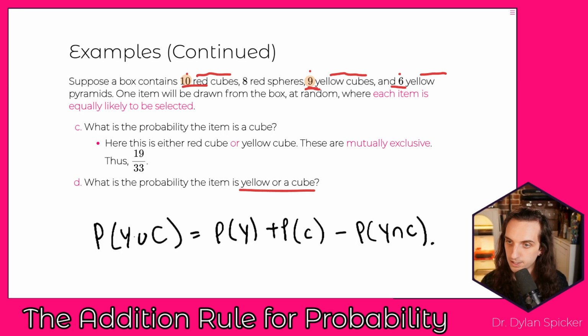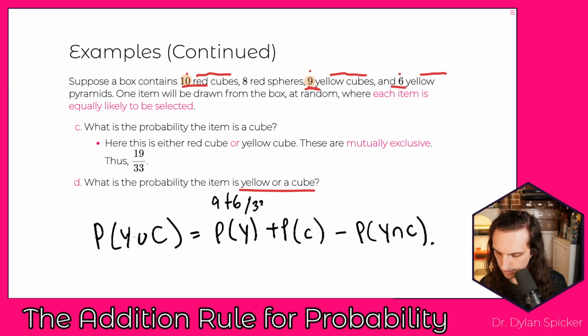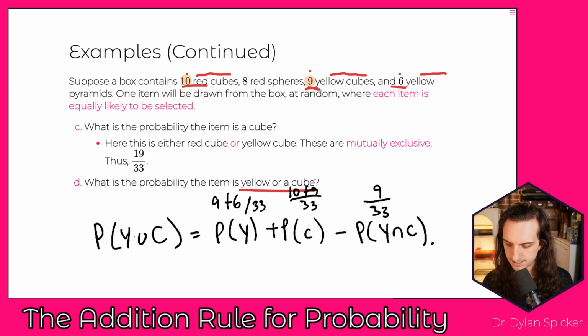The probability that it's yellow is 9 plus 6 out of 33. These are always on 33. The probability that it's a cube is 10 plus 9, because there are 10 red cubes and 9 yellow cubes, so 10 plus 9 out of 33. And the probability that it's a yellow cube is 9 out of 33. If we work through all of this, we'll get the exact same answer.